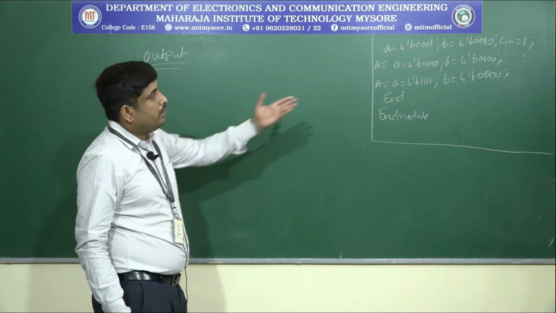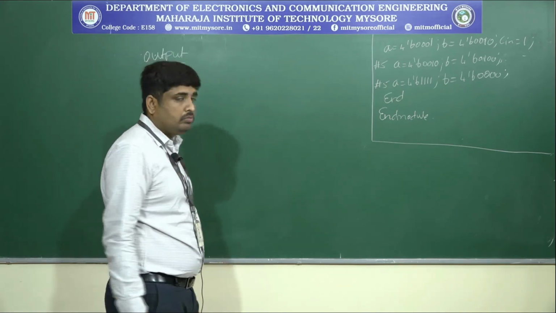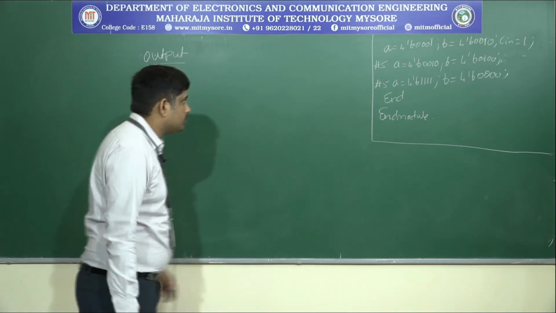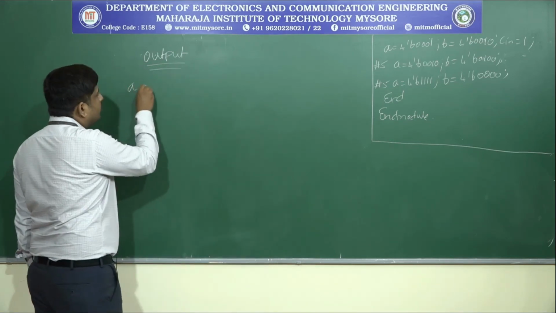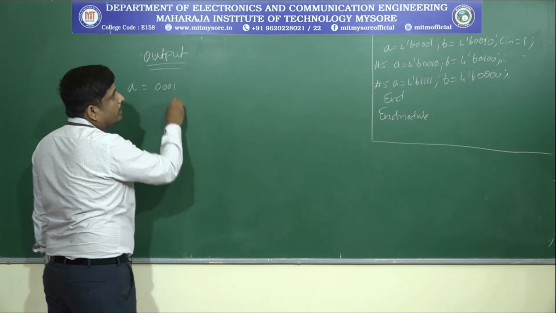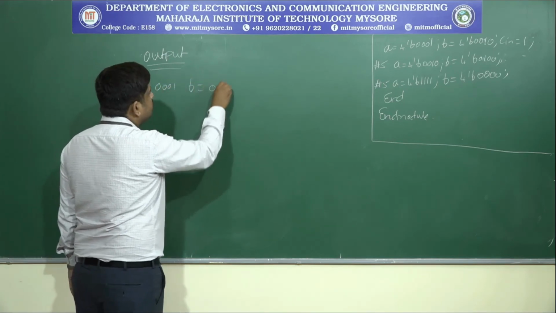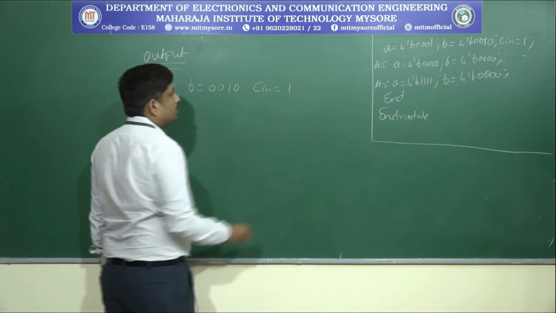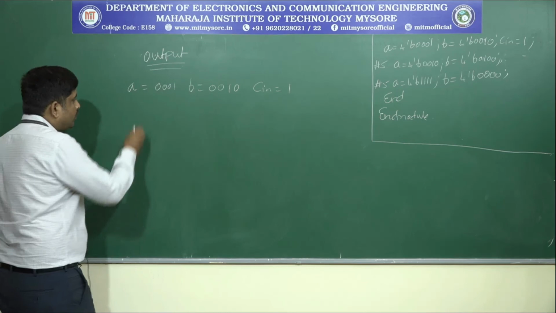Once you apply the data, then we have to write the outputs here, right? So after applying data, what are the outputs? The first data is A equal to 0001, then B equal to 0010, then Cin equal to 1. Next we add this data. What's the output here?